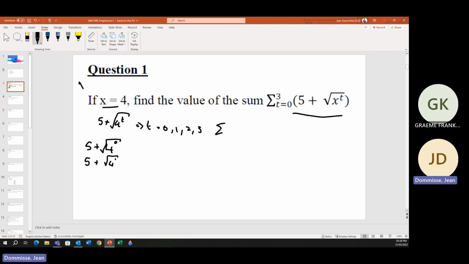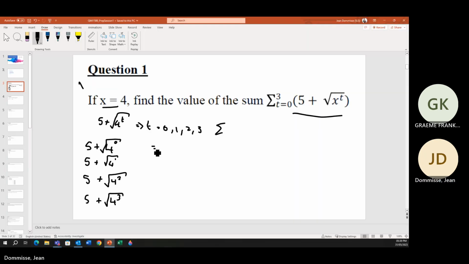You don't need to write the 1, it can also just be not there. Then 5 plus 4 to the power of 2. And the last one, 5 plus 4 to the power of 3.